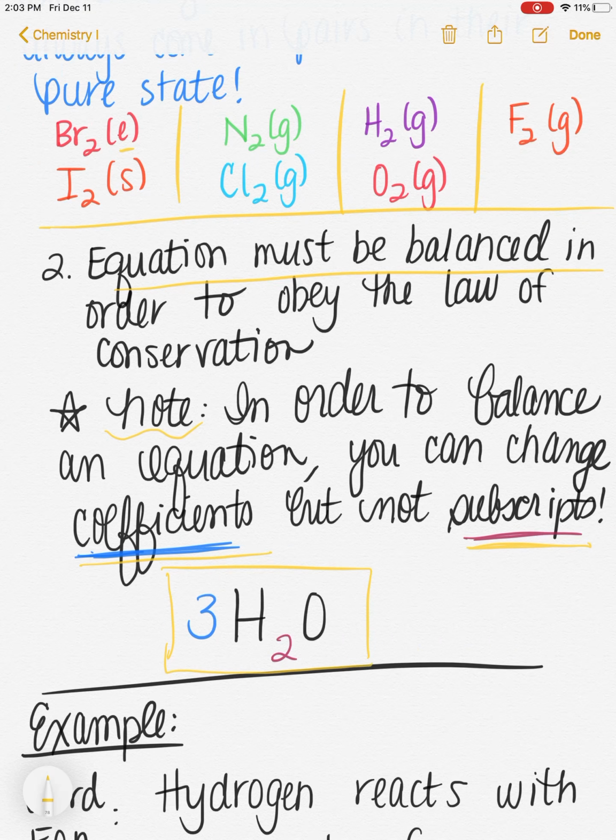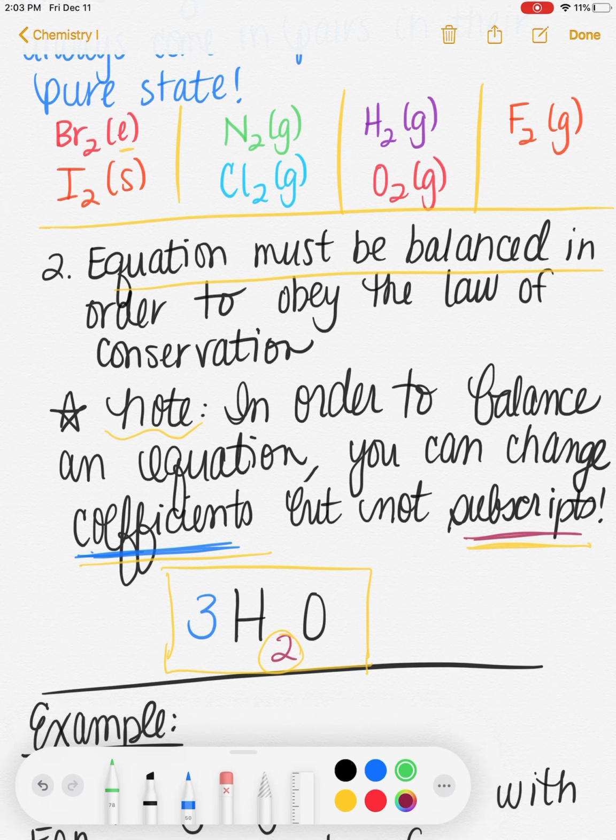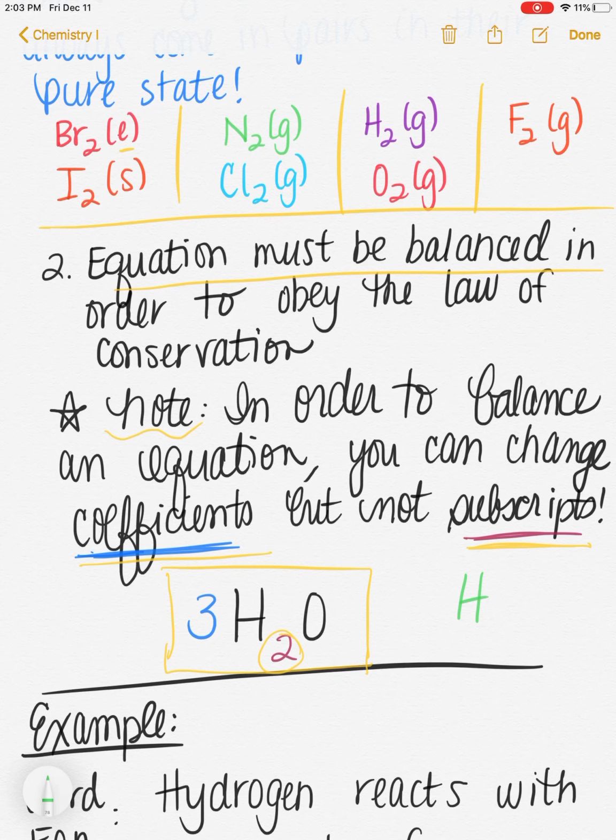So an example that I gave here is this 3H2O, 3 waters. A subscript would be this maroon number right here. You are not allowed to change that. Why are we not allowed to change that? Because let's say we took that out of there and we just had HO? Or what about if we had like an H3O? That's not water. That's something completely different. You're not allowed to do that.